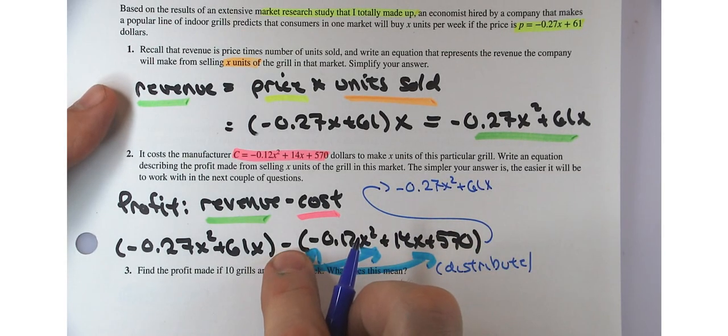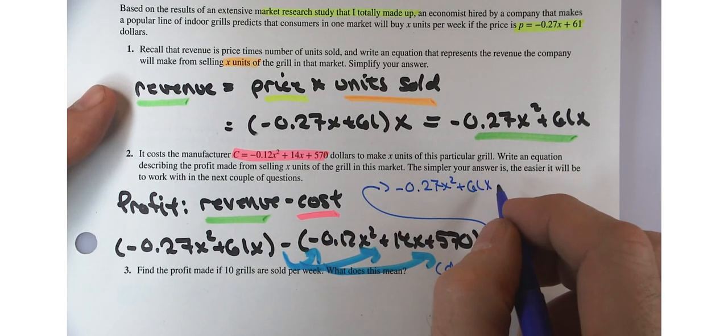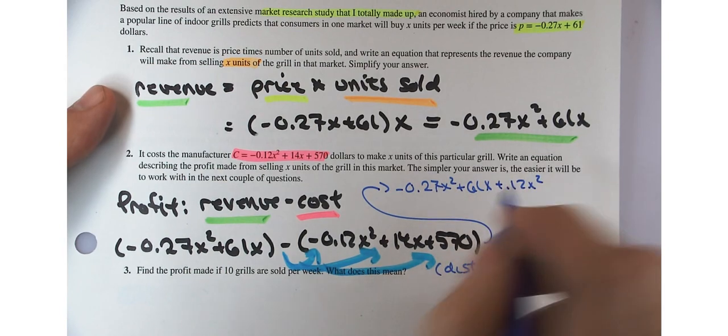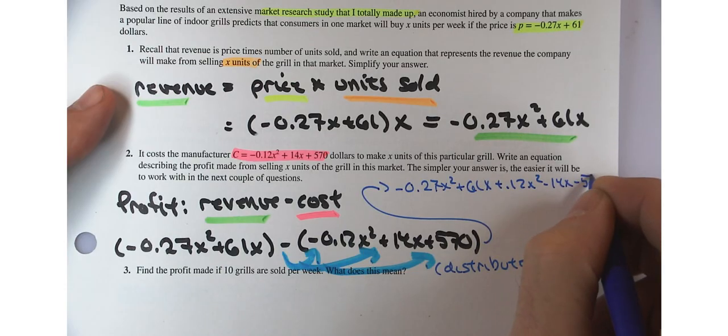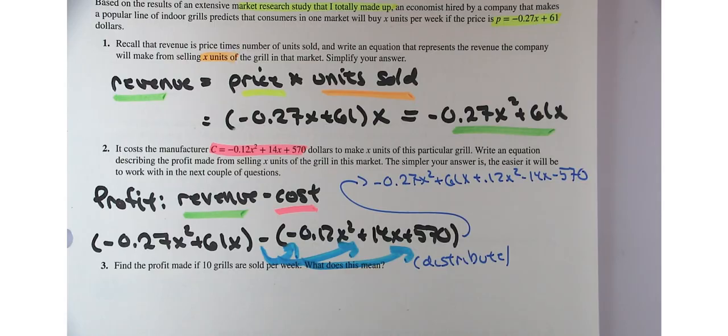What happens when I multiply a negative times a negative? Positive. So it's going to be plus 0.12x squared minus 14x minus 570. So, okay, a lot going on there.